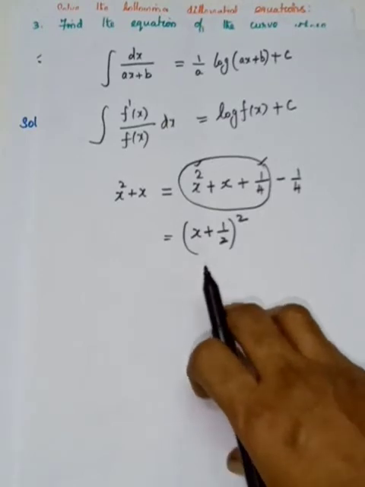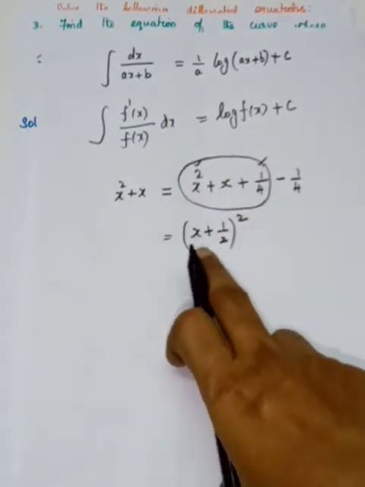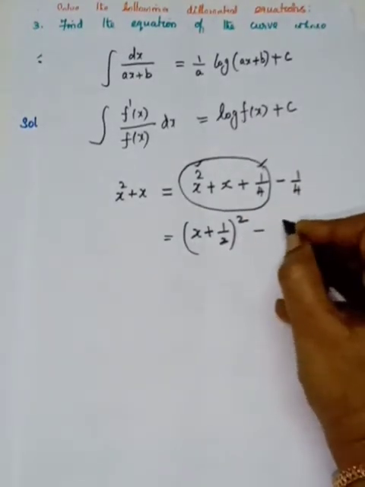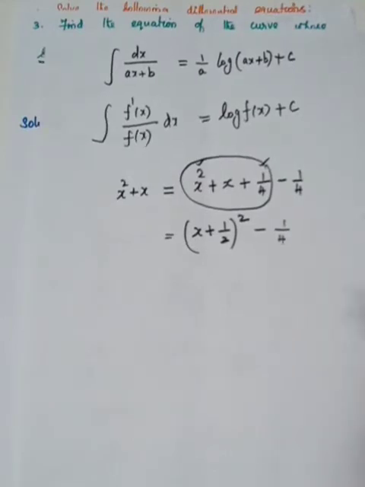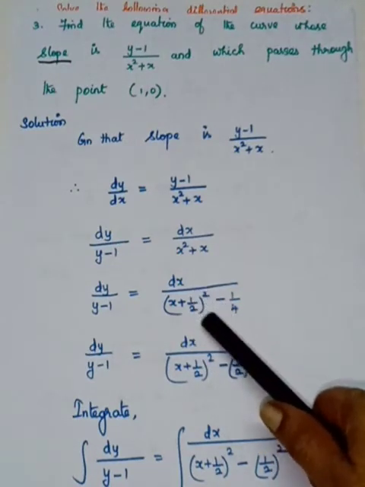That 2 and the denominator 2 get cancelled, you are having x. So these three terms can be written as x plus 1 by 2 the whole squared minus 1 by 4. Without writing the steps, I have written x plus 1 by 2 the whole square minus 1 by 4.